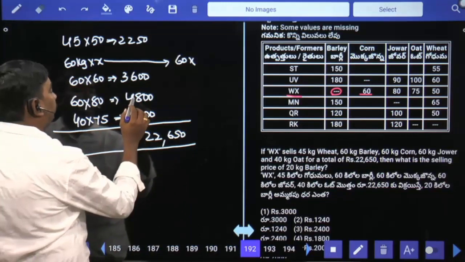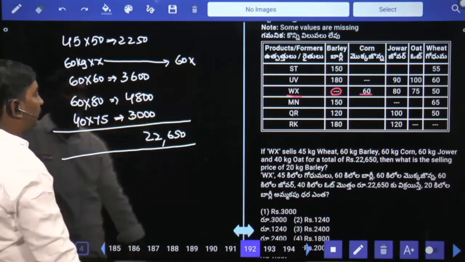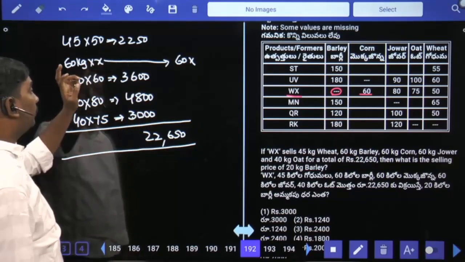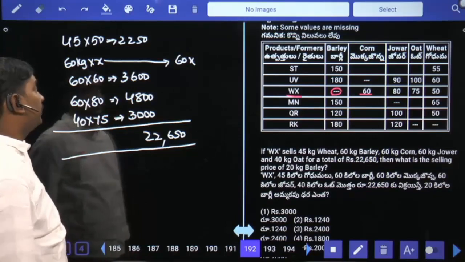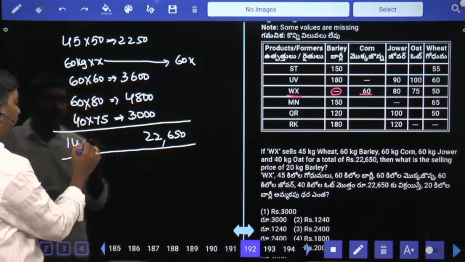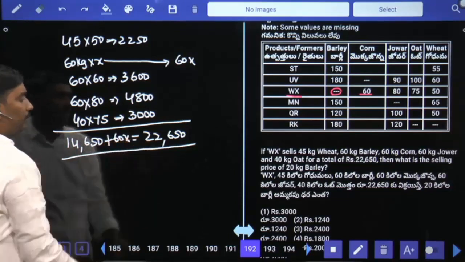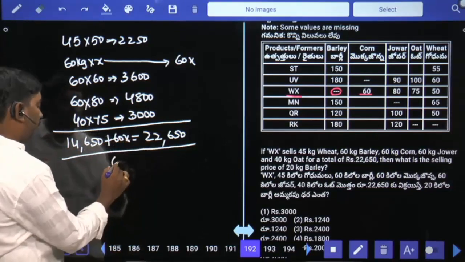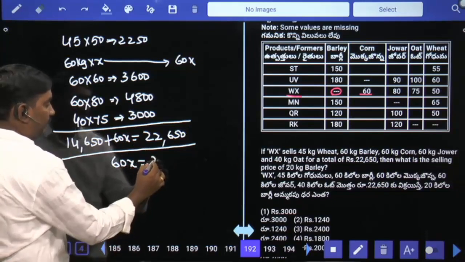Okay. 4,000, 3,000, 7,000, 3,000, 10,000, 2,000, 12,000, 800, 600, 1,400 plus 250, 1,650. 14,650 plus 60x is equal to 22,650.